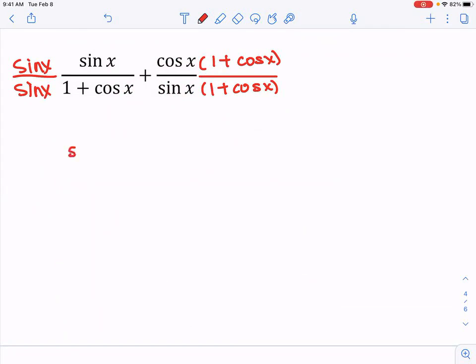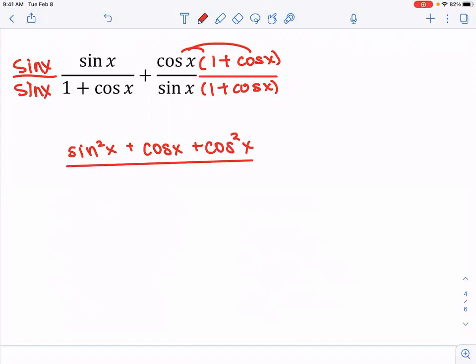So we have sine squared plus cosine x plus cosine squared x all over our common denominator.